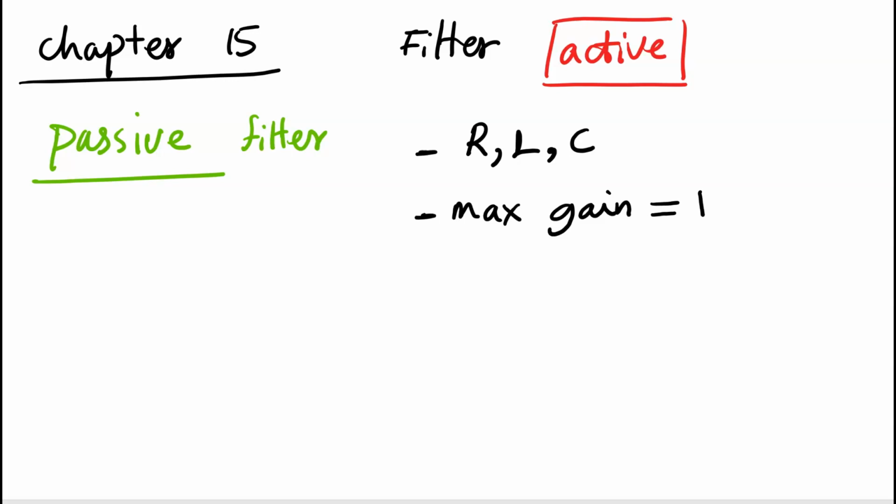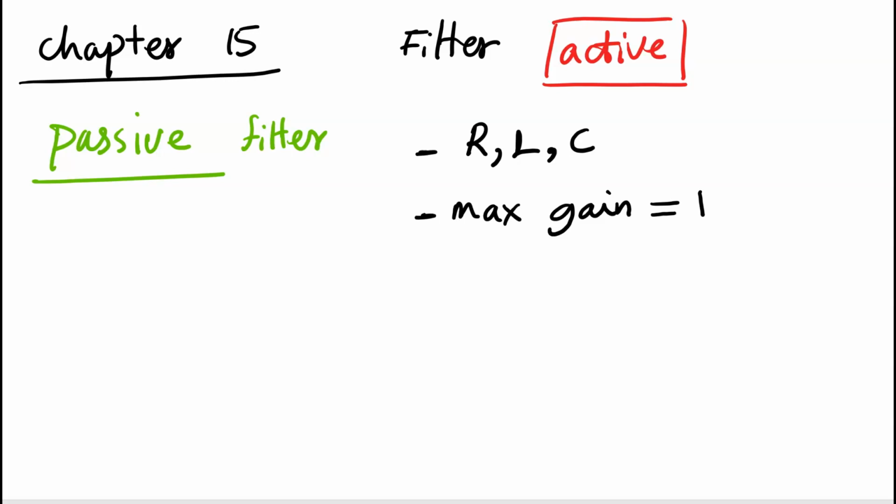It means that it's impossible to amplify the input signal. So the best case scenario is that we can have the exact same magnitude at the output of our filter. So the maximum gain is equal to 1 and the amplification is impossible.